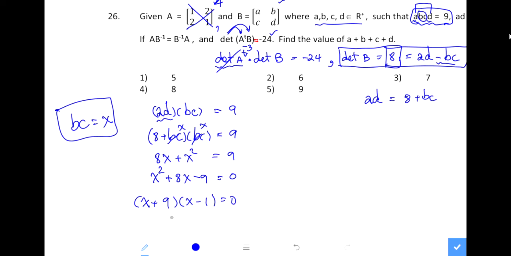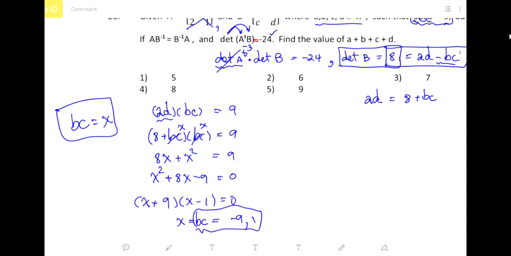So x is going to be equal to negative 9 and 1. And I know that x is equal to BC, so now my BC is negative 9 and 1.